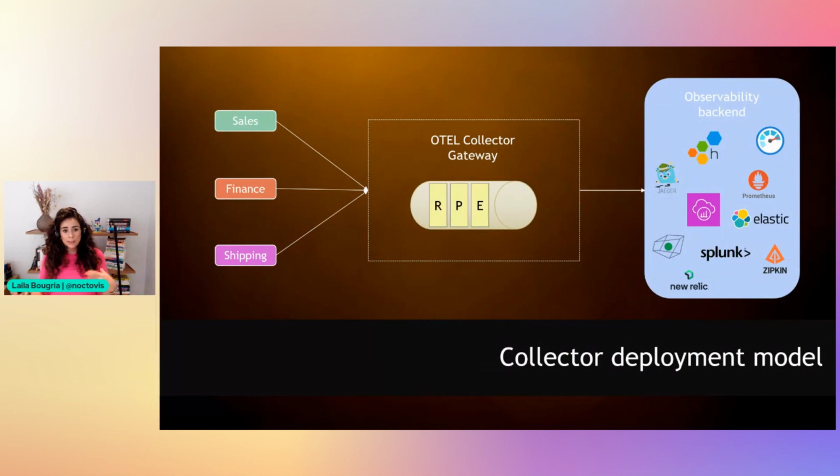Now, if we looked at how this would work visually, there's now an individual component sitting in the middle that our individual services will be sending telemetry to, and then they can just move on with their day, right? The OpenTelemetry collector will then become responsible for managing those connectivity issues and also making sure that the data is transformed.